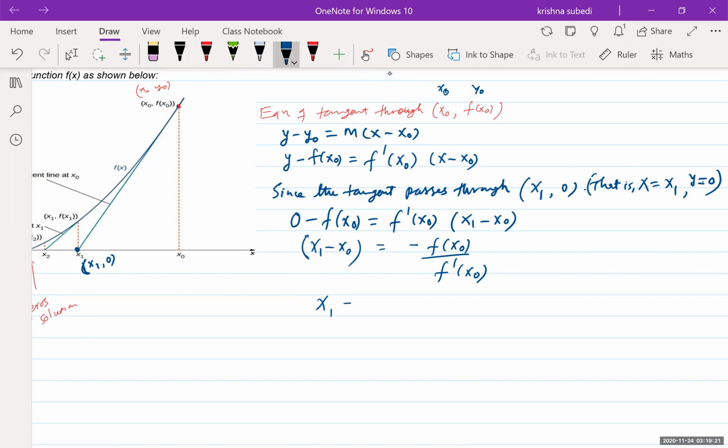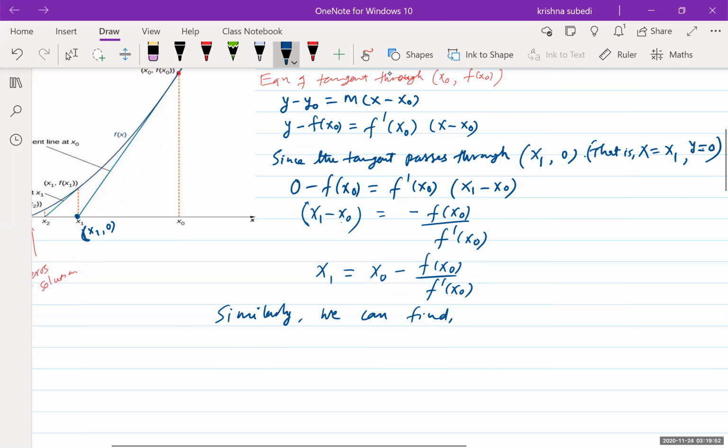Now if I want to find x1, then that's gonna be x naught. Let me take this x naught to the other side. x1 equals x naught minus f of x naught over f prime of x naught. Okay, now look at the pattern.